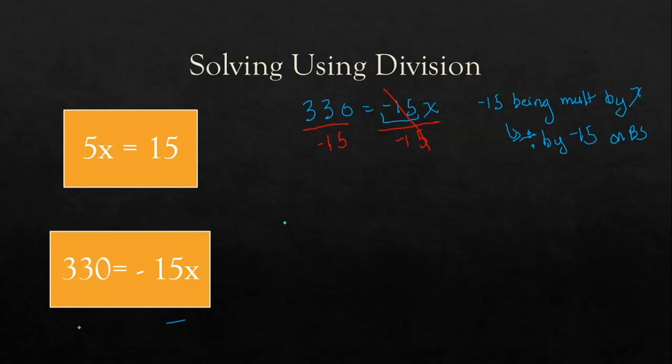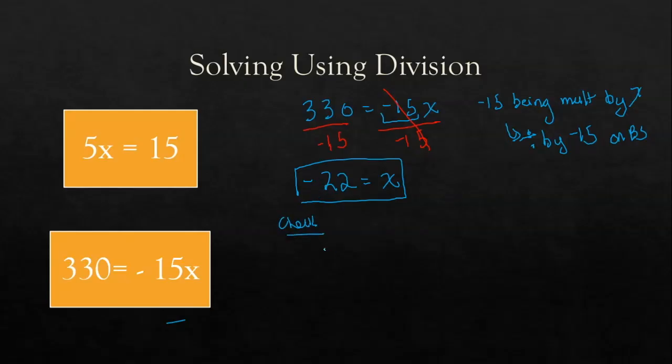And then in my calculator, I can take 330 and divide it by -15. So make sure you're using -15. That's going to give me -22 is equal to x. Because there's nothing else happening to my x, it's all by itself, which is what I wanted, I'm done.